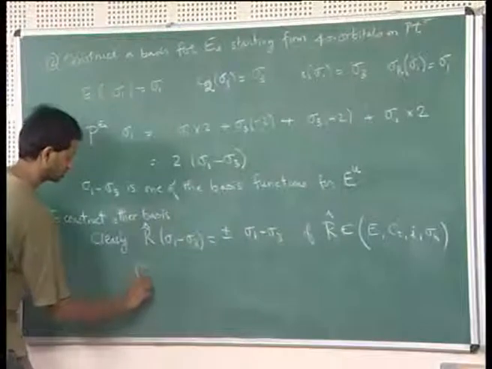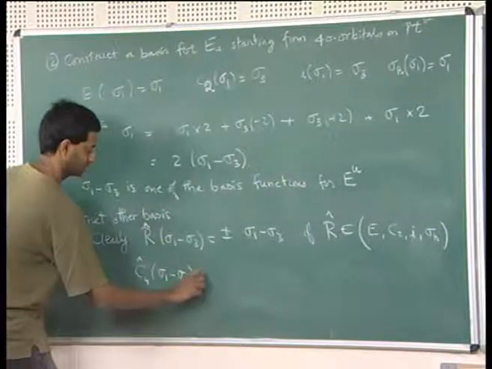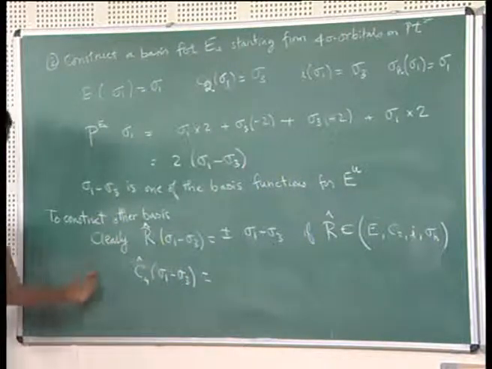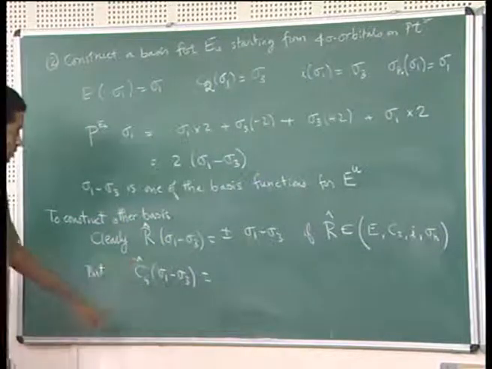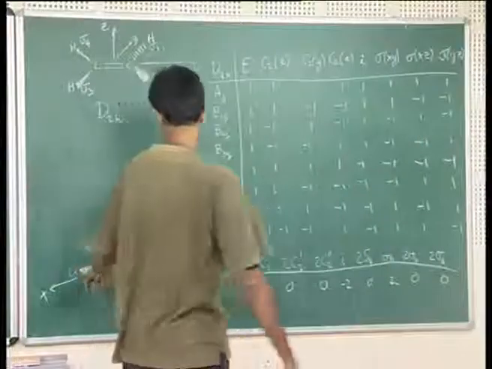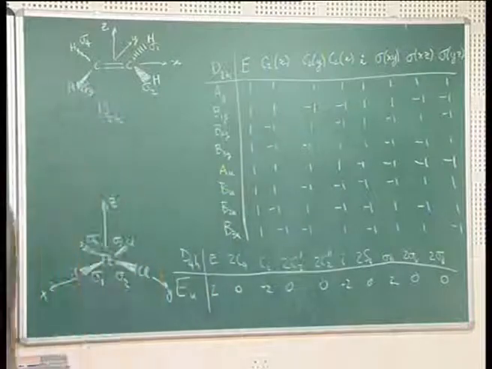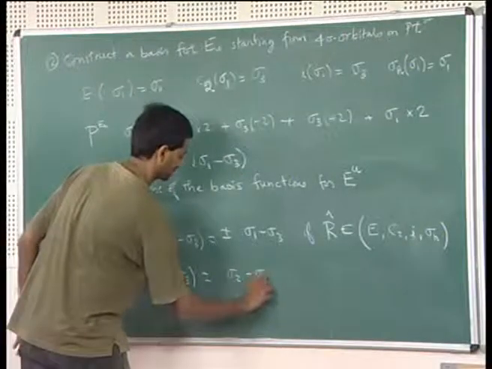C4 will take sigma 1 to sigma 2, and it will take sigma 3 to sigma 4.